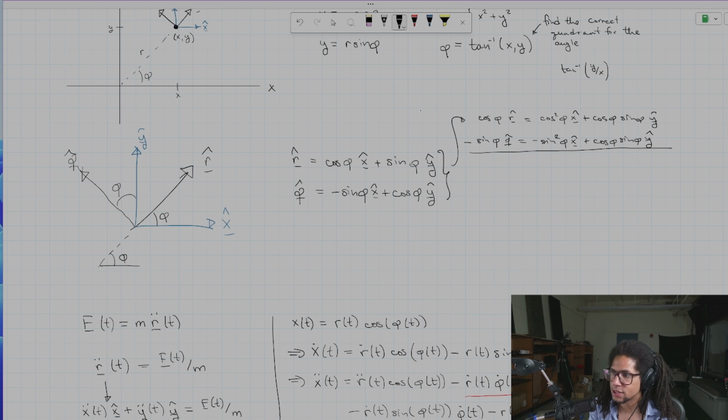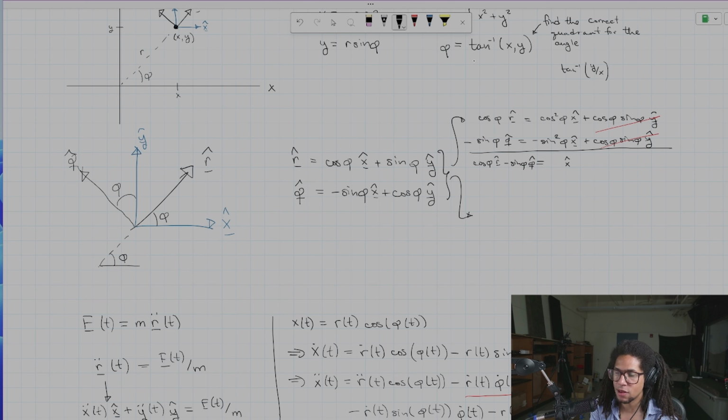And that's going to cancel this and this, but these two will combine, and cos squared plus sine squared is 1. So this will tell us that x hat on the right-hand side now is equal to cos phi r hat minus sine phi phi hat.